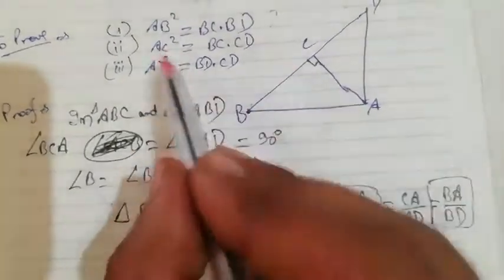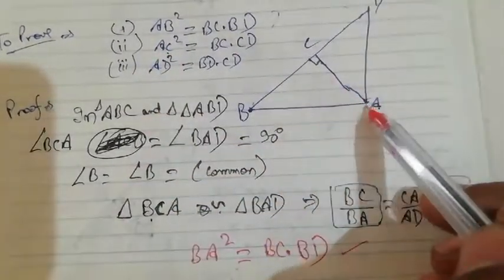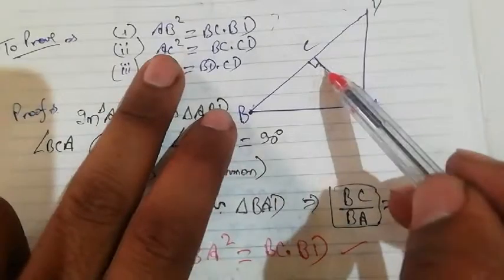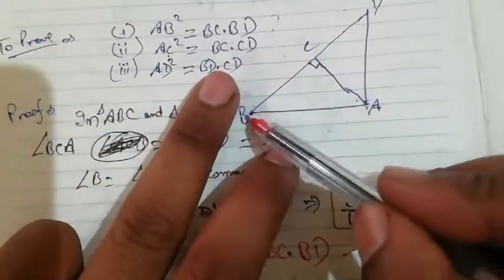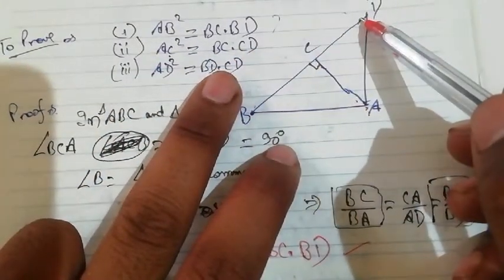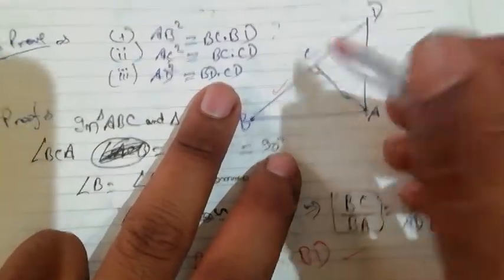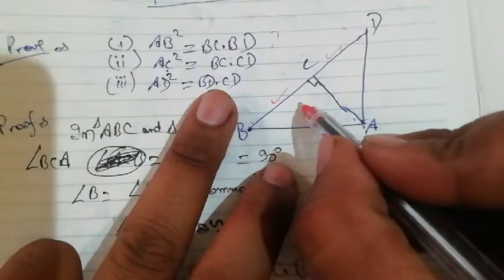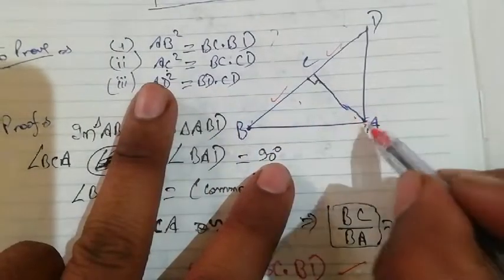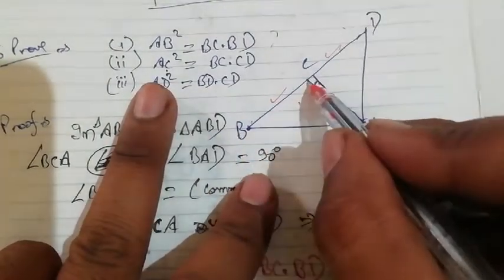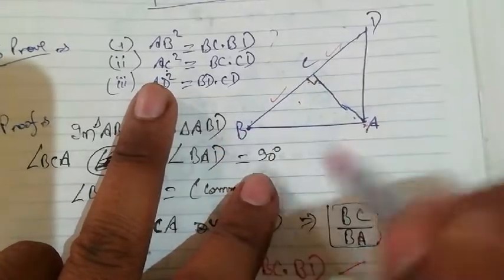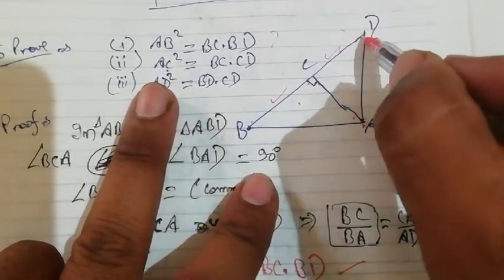Now look at the next proof. We want here AC square, so this is AC square. It is equal to BC into CD. So this is BC and this is CD, another side. So what we want to prove here is that triangle BCA is similar to triangle ACD.